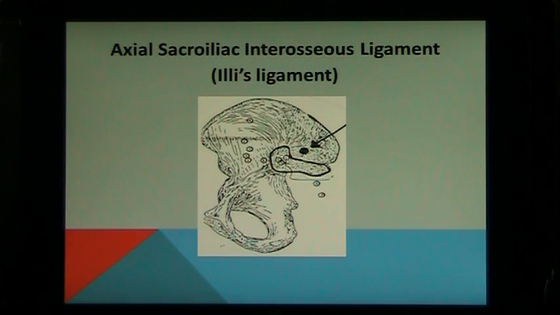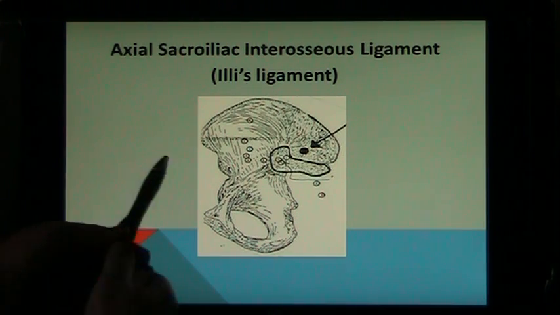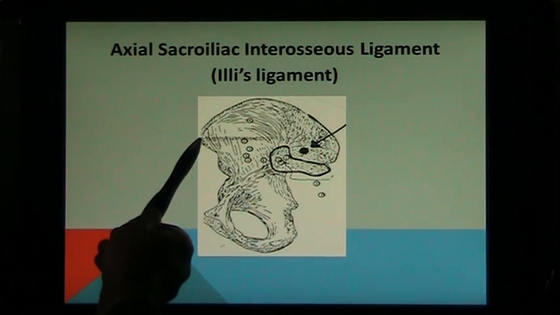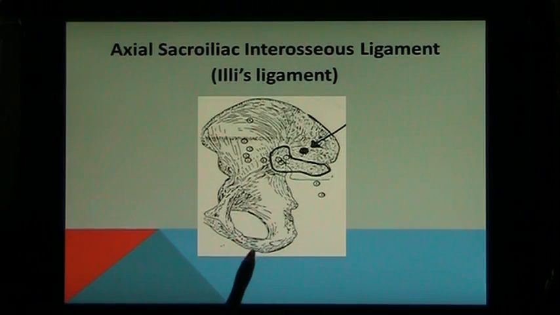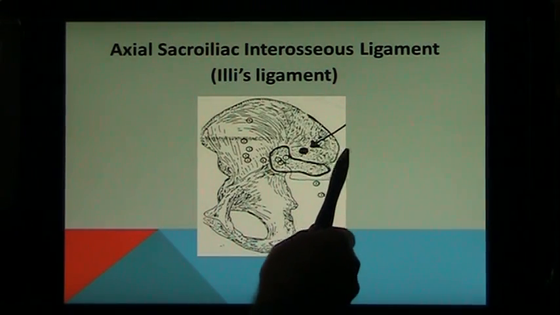You're looking at the inside of an ilium. This is the inside of the right ilium, and my pointer's not doing me much good. I have a laser pointer, but it doesn't show well. This is the ASIS. This is the pubic bone. This is the ischium, ischial tuberosity, and the PSIS, posterior superior iliac spine, is right here.